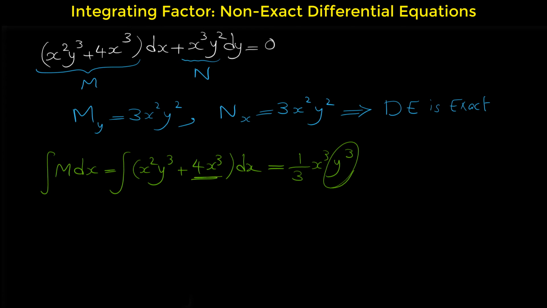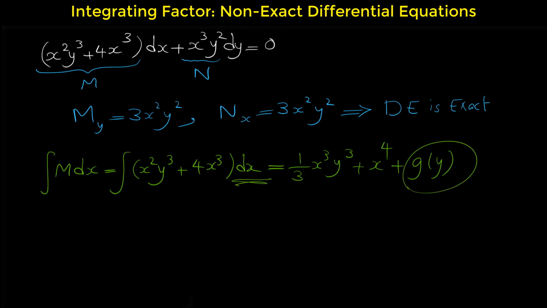And integral of 4x to the 3 with respect to x is 4x to the 4 over 4, which we cancel 4 with 4. Integral of 4x to the 3 is x to the 4. Don't forget to add a function in terms of y as the constant of this integral. Because we are integrating in terms of x, the constant can be a function of y. Because with respect to x, a function in terms of y is a constant.